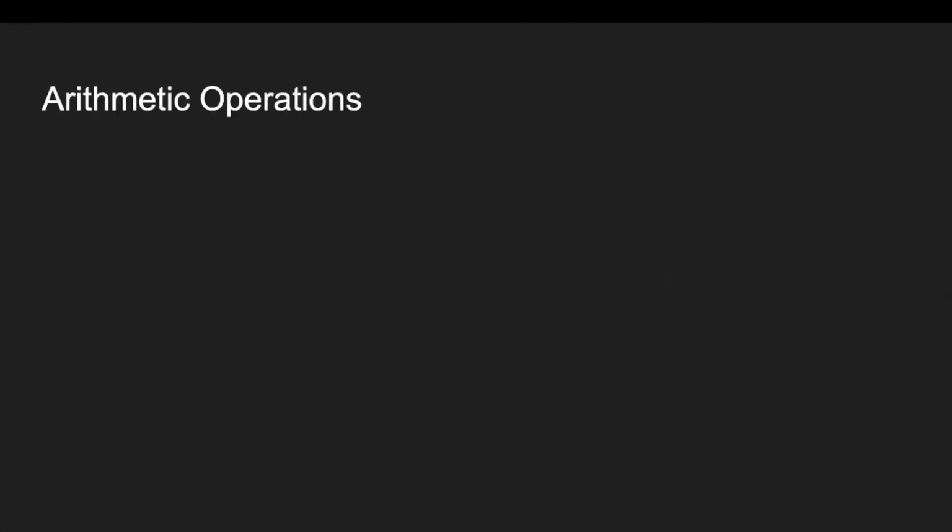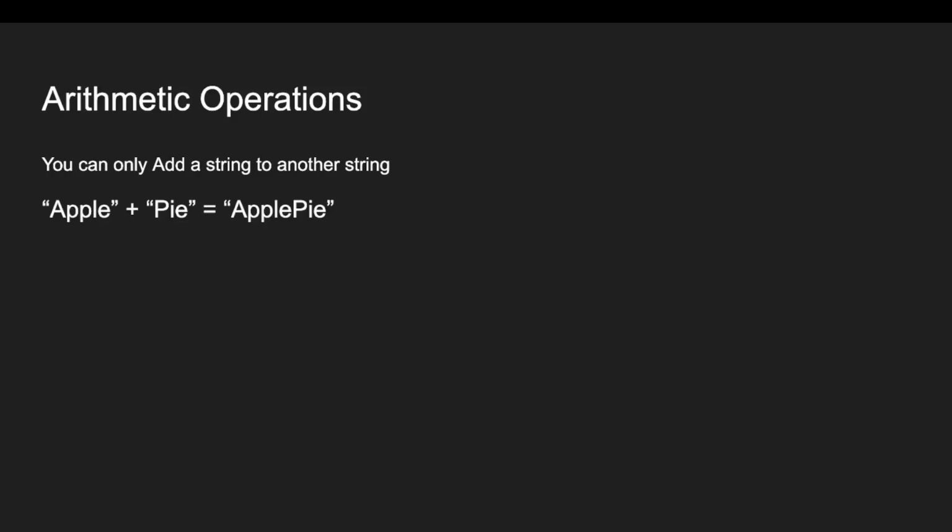What are the arithmetic operations possible with strings? You can only add a string to any other string. An example would be adding apple, a string, to pie, another string, which will return apple pie. Now, what is string 12 plus string 13?